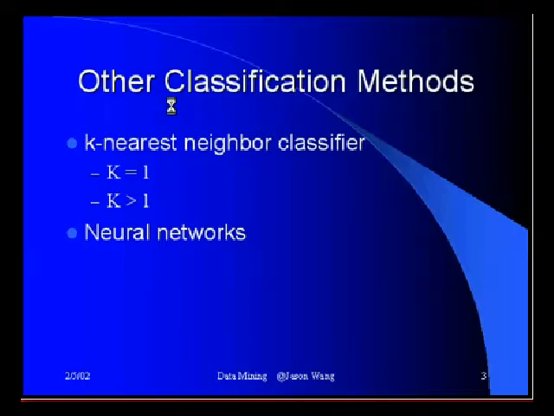So we take the majority vote. Okay, that's how the 3 nearest neighbor classifier works. You look at the 3 nearest neighbors, and then suppose the majority of these nearest neighbors come from class K, then this object should belong to class K.